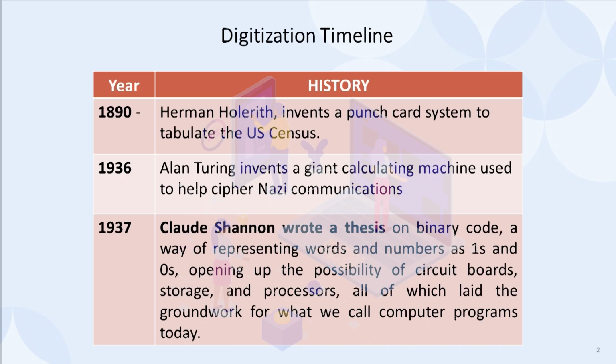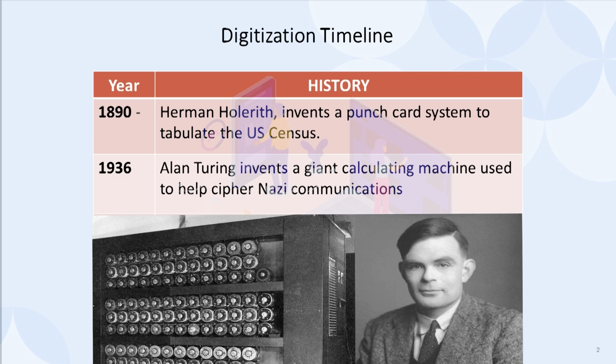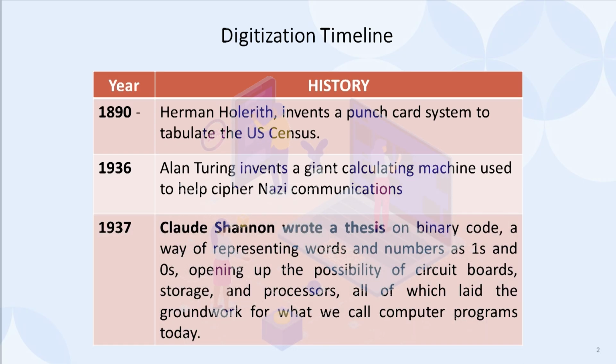In 1936, Alan Turing invented a giant calculating machine used to help decipher Nazi communications, called the Turing machine. It was the first device that could calculate huge, seemingly impossible calculations.